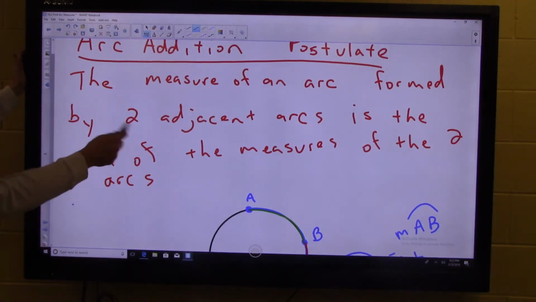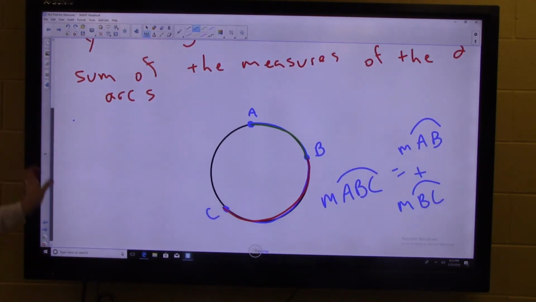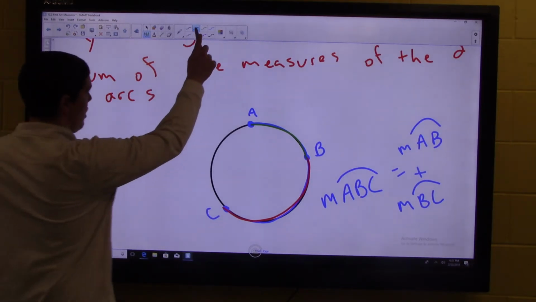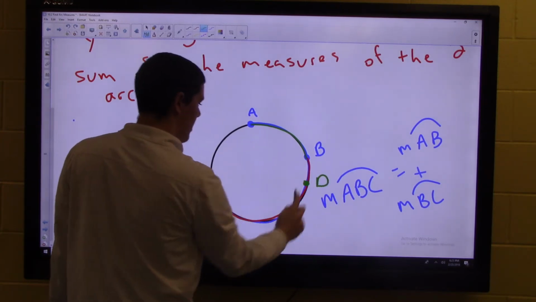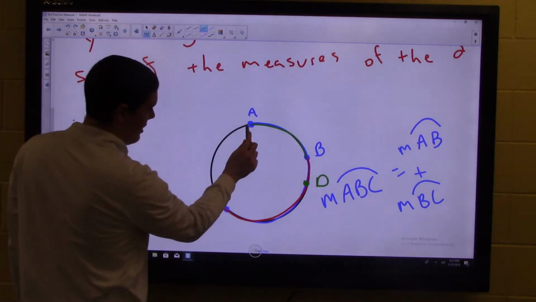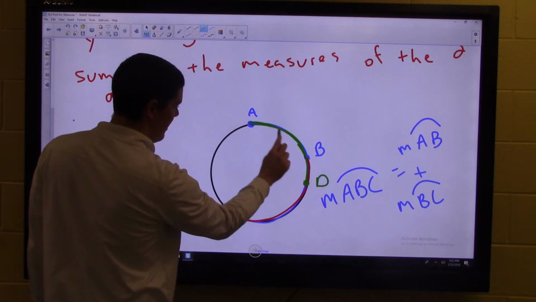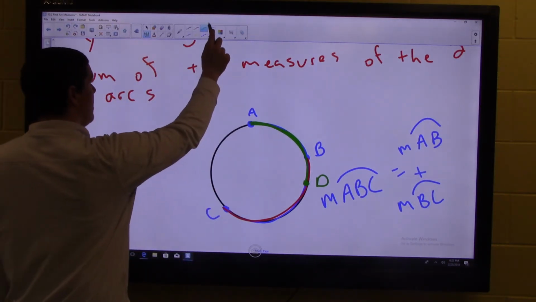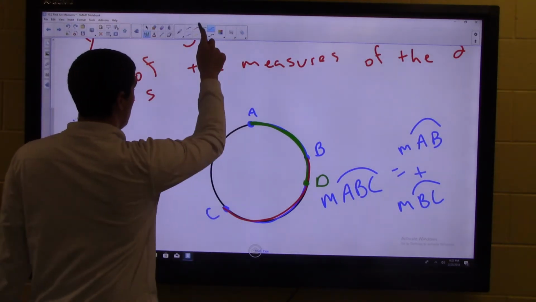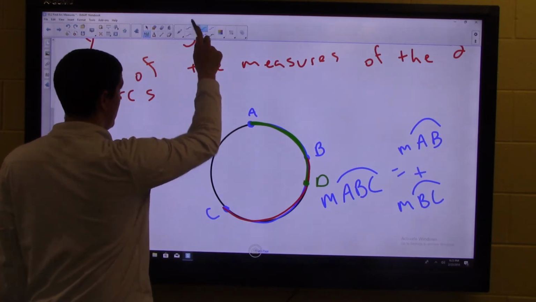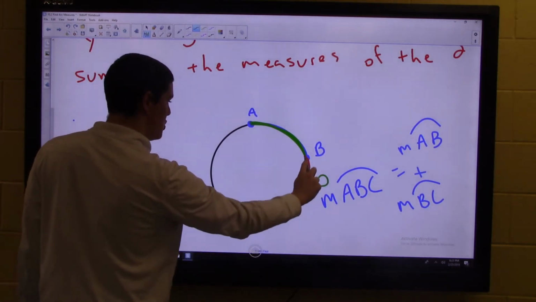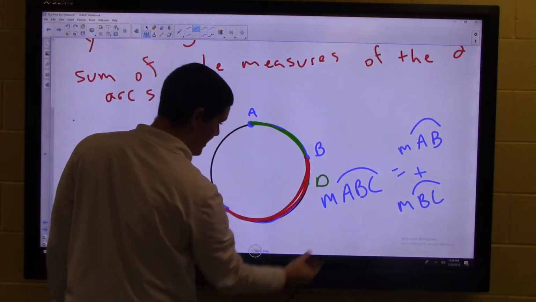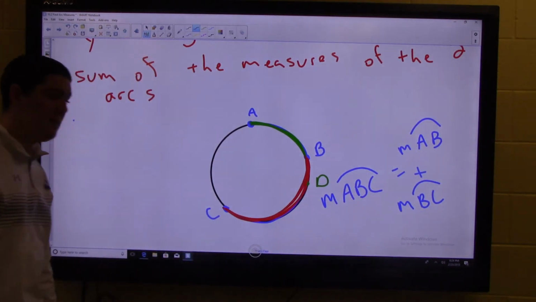Now, when we say adjacent arcs, there can't be any overlap. This is important to point out. There cannot be any overlap. What I mean by that is, let's say I had another point here, point D. I cannot say that arc AD plus, let me do this one in red, plus arc BC, add to equal arc ABC.